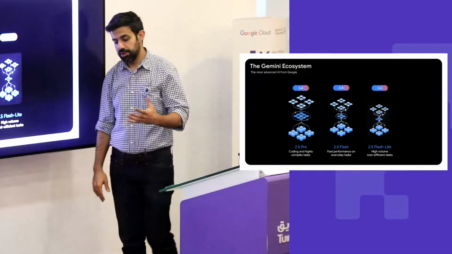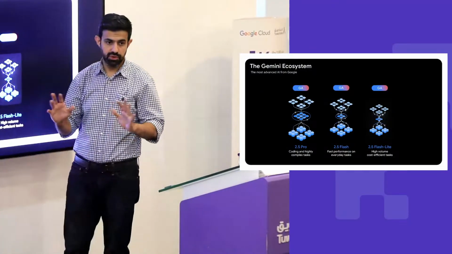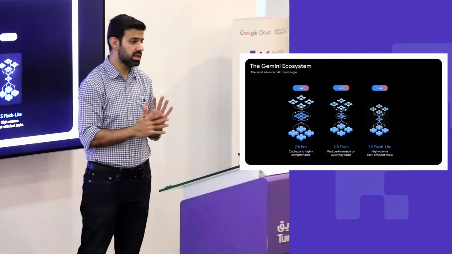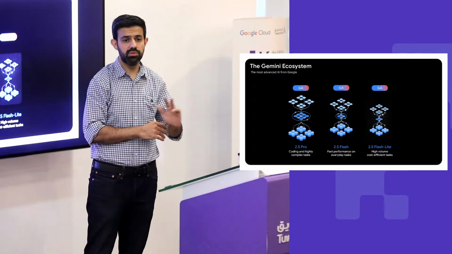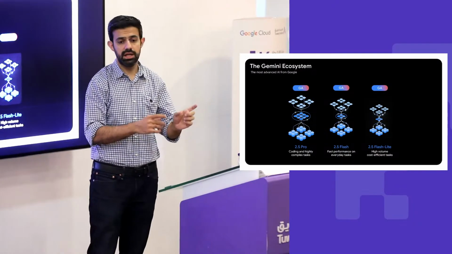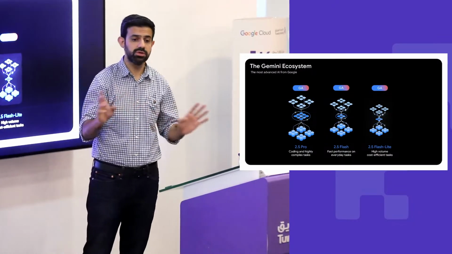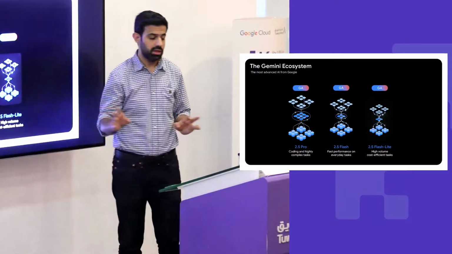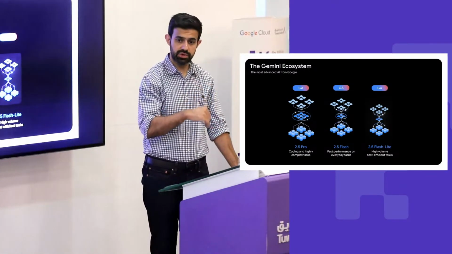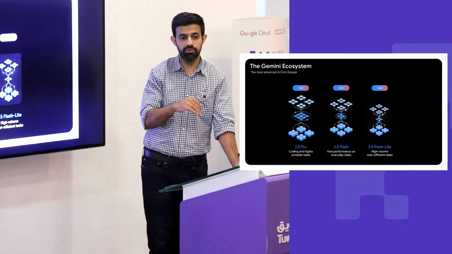The Agent Development Kit is not fully tied to Gemini. It's an open source kit. You can use any LLM with it. Whatever is your favorite LLM or whatever is the right LLM to solve a specific problem, you can use any of them. But if you talk about the Gemini family itself, Gemini as of today stands at 2.5.